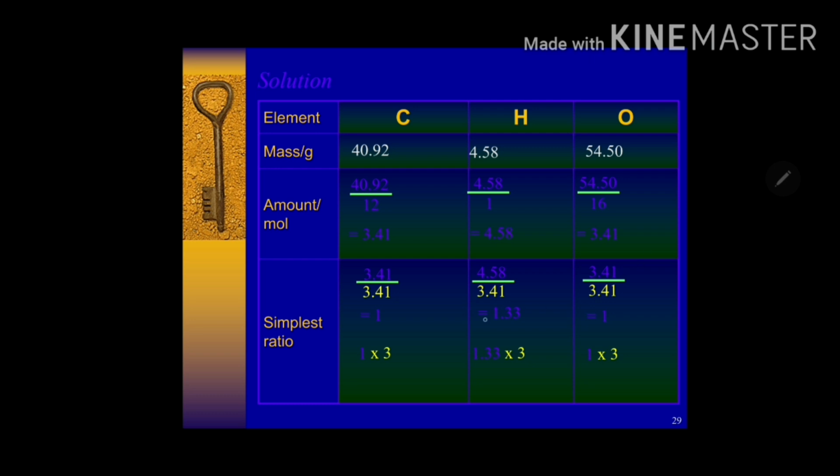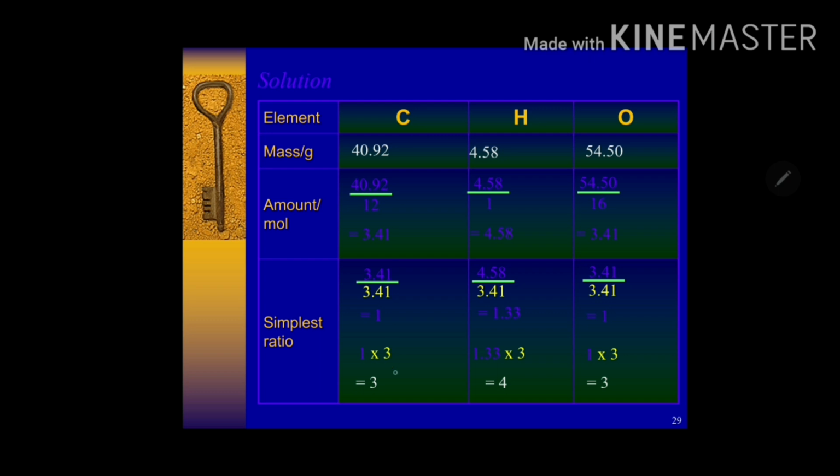Next, you have to multiply by a certain number to get the whole number, because we don't want the decimal place. We want a whole number. So we times 2. No, times 3. All the moles times 3.